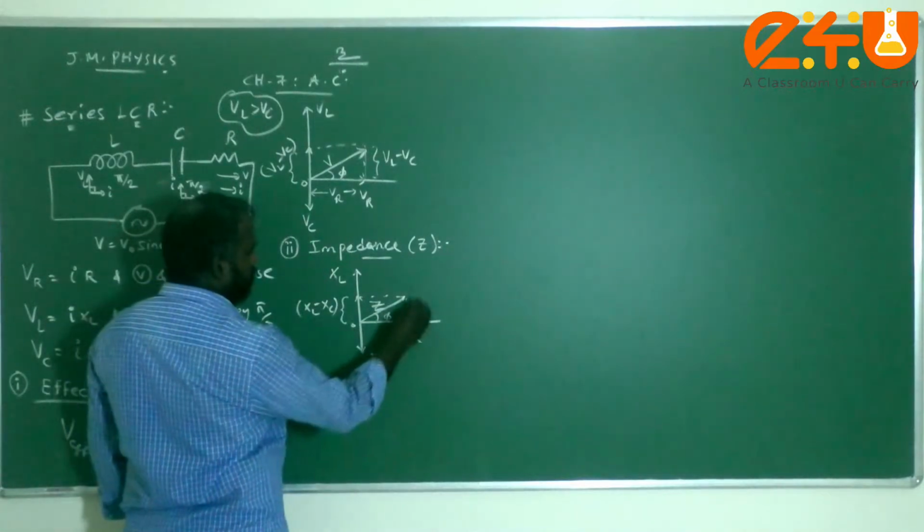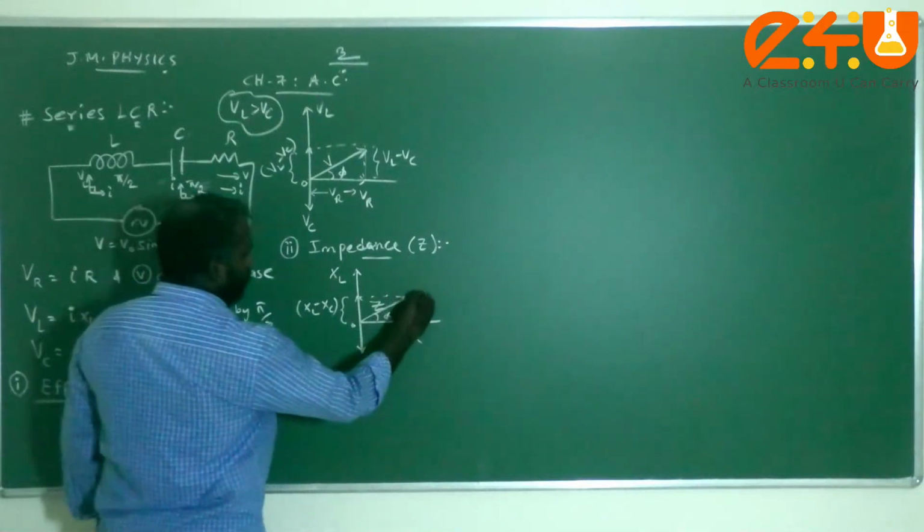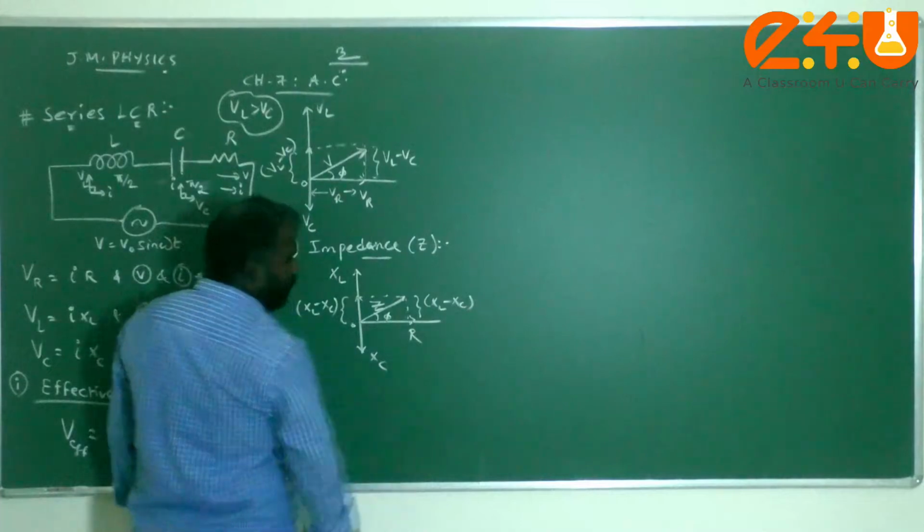Impedance, what, children? Z. So again you just use the Pythagoras theorem for this right angle triangle, because they are perpendicular, and this side is XL minus XC.